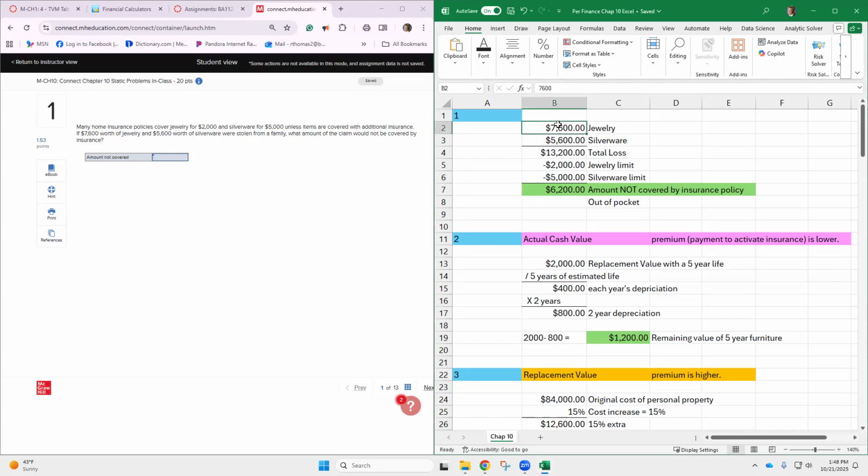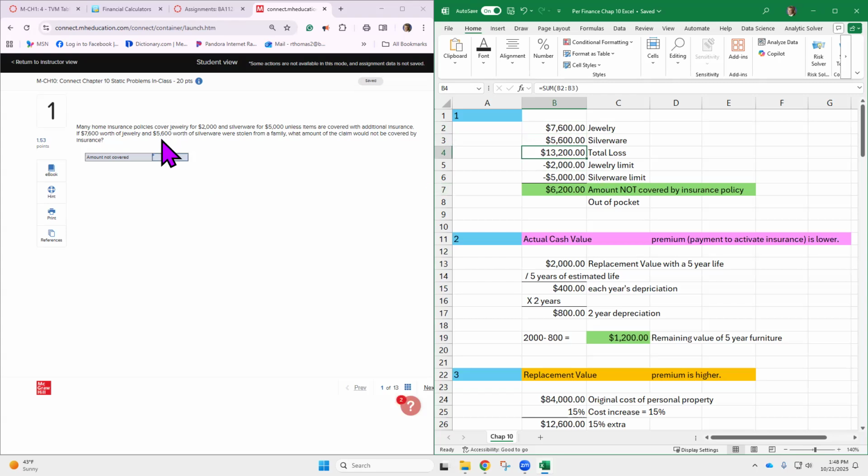So the first thing you want to do is put the amount down to figure out how much was lost. We have $7,600 in jewelry. We have $5,600 in silverware. So we have a total loss of $13,200.